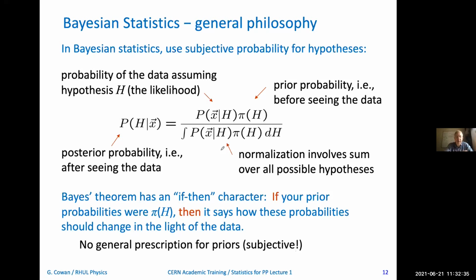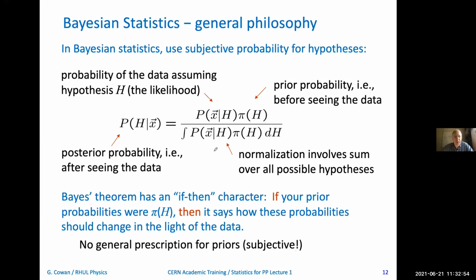In the previous derivation, I had that written as a sum over discrete A sub i's. And here, if I'm assuming that the letter H is continuous, then that sum gets replaced by an integral. So in the denominator here, you'll either have a sum or an integral over all the possible hypotheses.